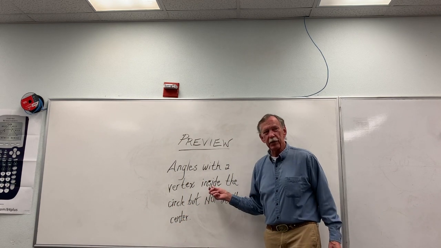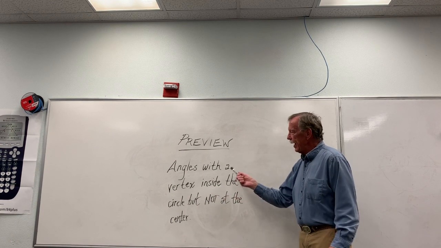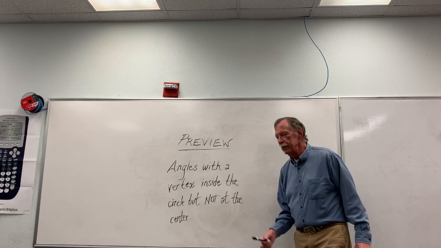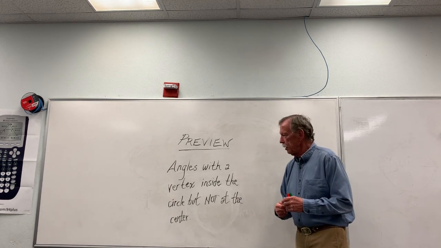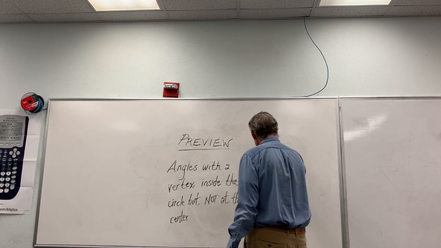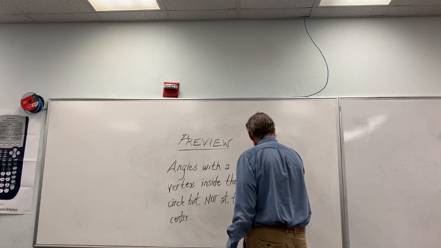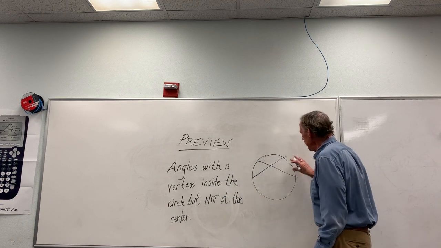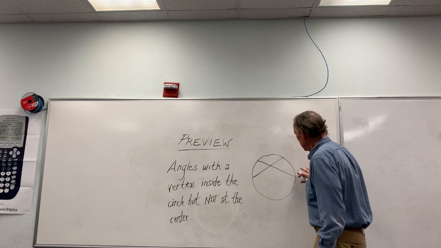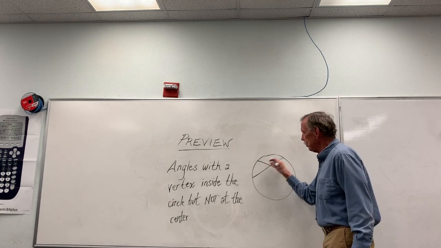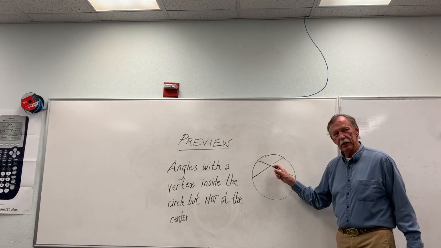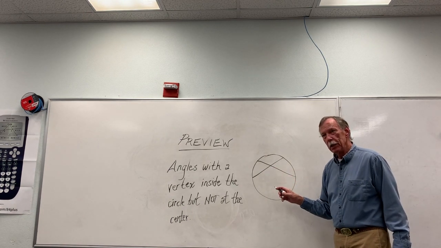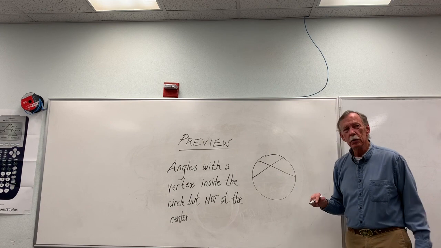We're going to talk about these angles with a vertex inside the circle, but not at the center. The picture of this little puppy would look like this: two chords that cross inside the circle. These angles, all four of them, have a vertex in the circle, but not at the center. And we'll learn how to solve those tomorrow.